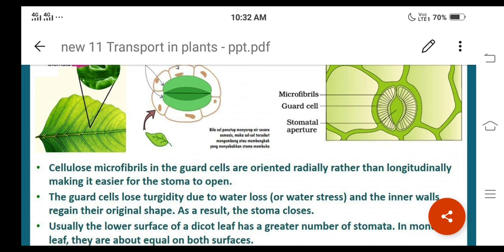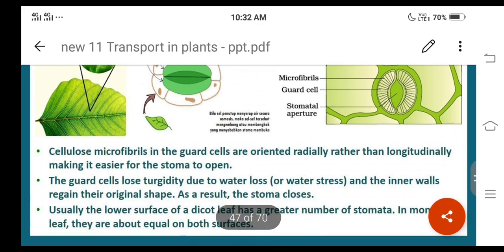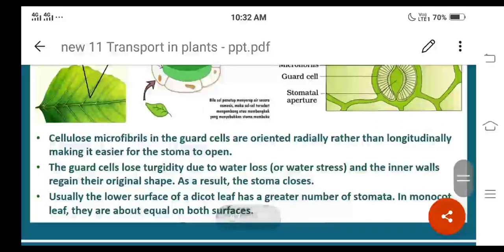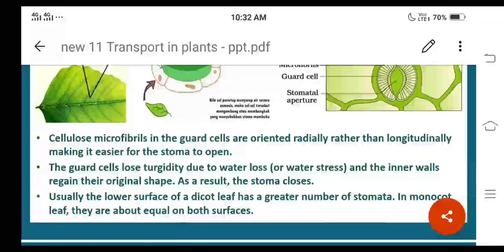And one more concept is about the distribution of stomata in the leaves. How will the stomata be distributed in the leaves? Usually the lower surface of a dicot leaf has a greater number of stomata than the upper epidermis.